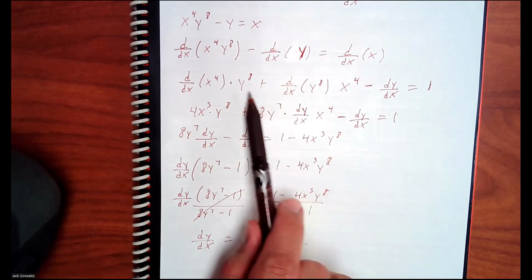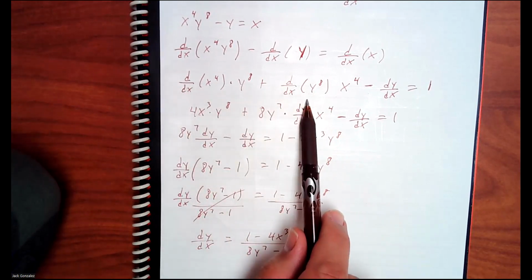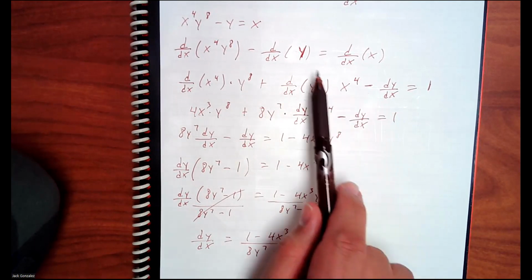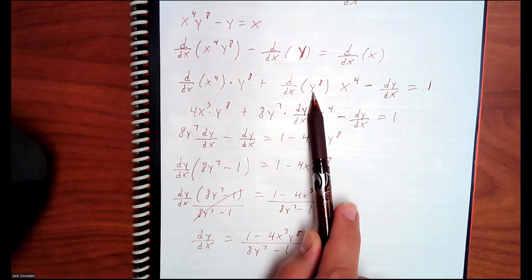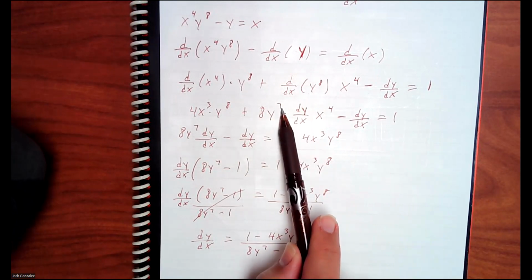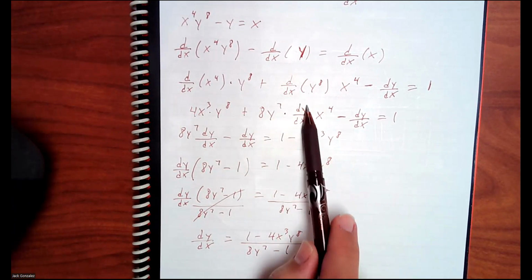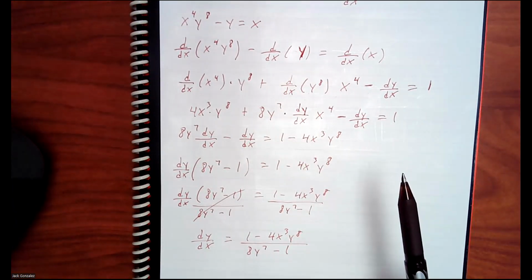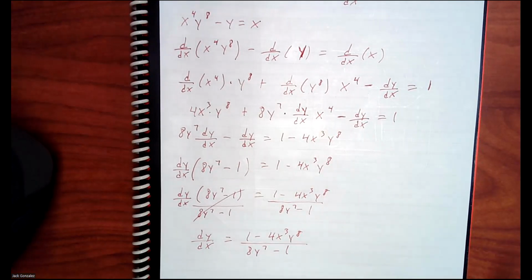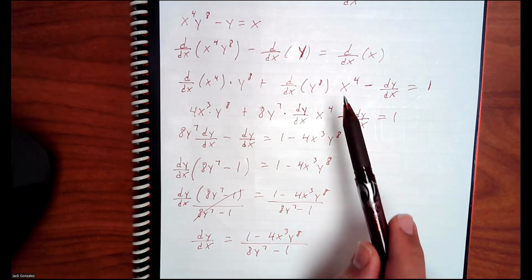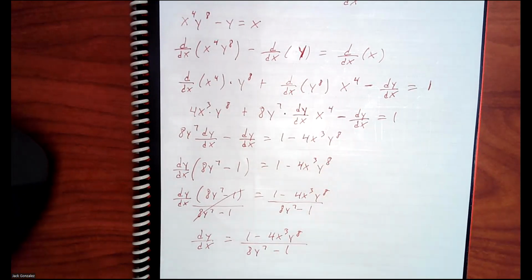So this is saying take the derivative of this term, and these two, I went ahead and did it. So it happens there. So derivative of y to the 8th is 8y7. Then the implicit piece comes out times dy dx. And that guy's still here. Well, that implicit happens because it doesn't have a dy there.